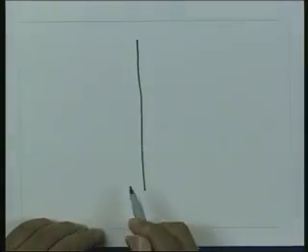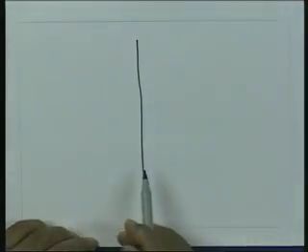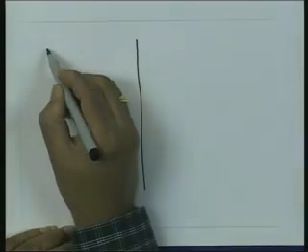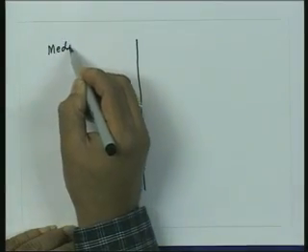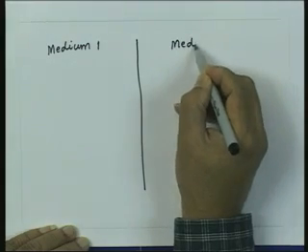So let us say I have an interface now, a media interface, and the two sides have different material properties. So in general, let us say I have a medium 1 here, and I have a medium 2.